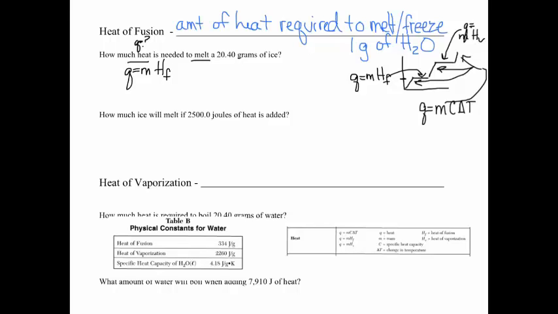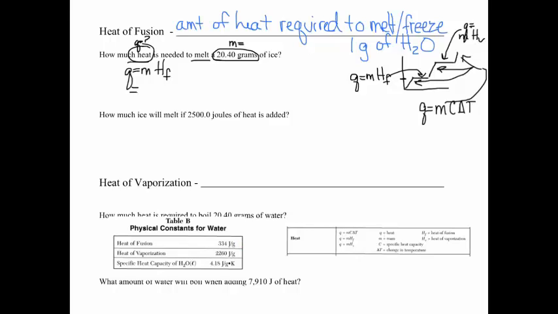They've given us the mass, so this is M. We're looking for heat. Okay, so we're going to be solving for Q in this equation. We have M, so we need one more thing. We need HF. If you recall, HF is the heat of fusion, and that number is expressed here in table B. So we're going to be going from table to table and back and forth.